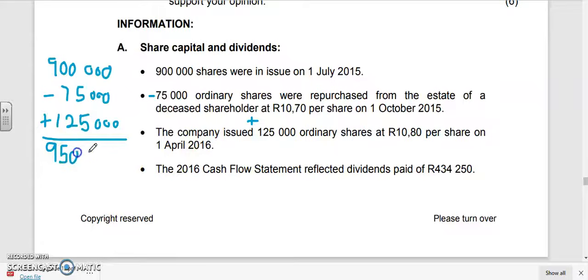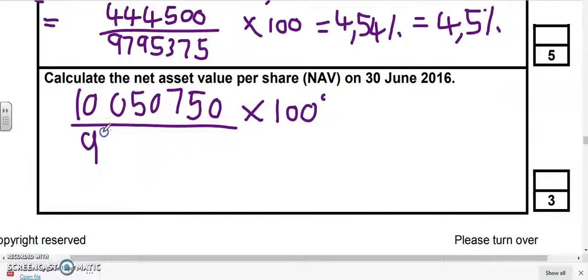So this is very important. Net asset value uses shares in issue at the end of the year, 950,000 shares, and the ordinary shareholders equity at the end of the year as well. When I do this calculation, I take 10,050,750 divided by 950 equals, times 100.